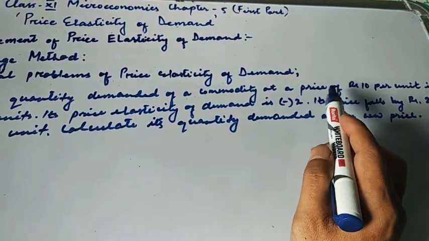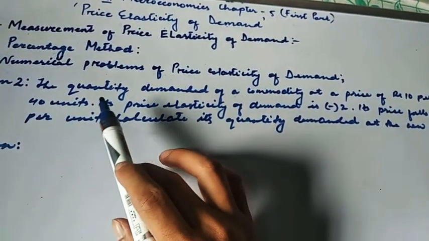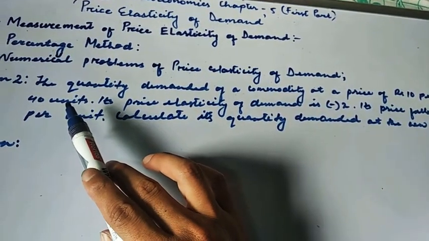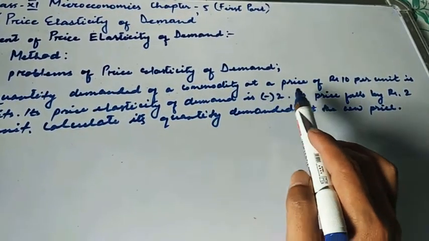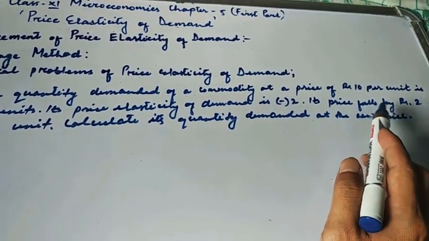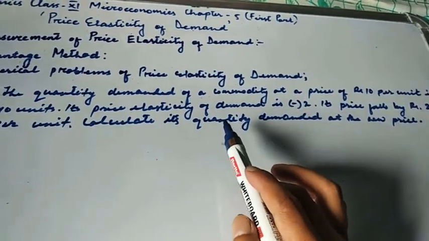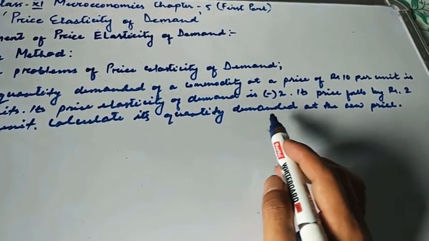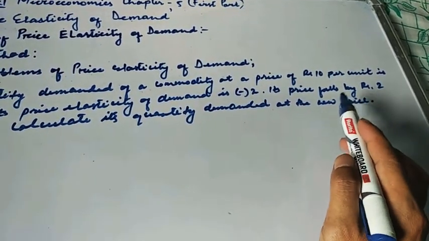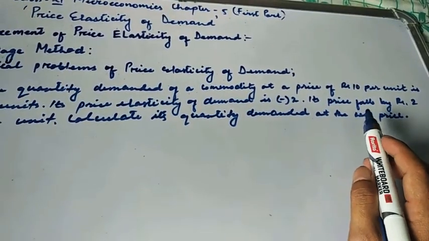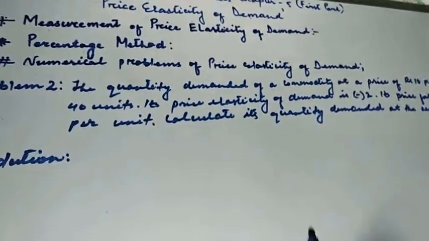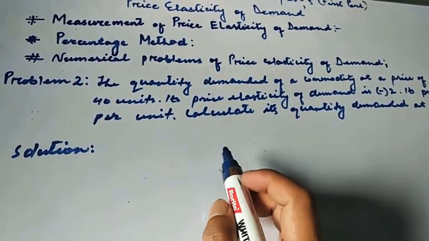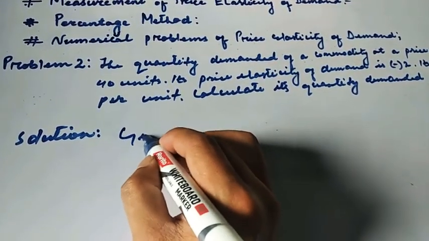Here the original price is rupees 10, the original quantity demanded is 40 units, and the price elasticity is minus 2. Now the price has fallen by rupees 2. What will be the change in the quantity demanded at the new price? That we have to find out. What is given here?